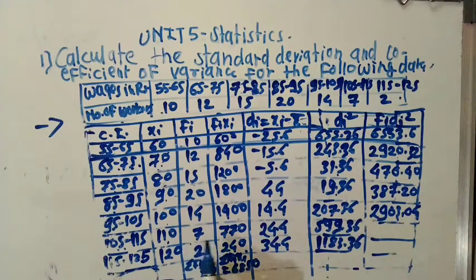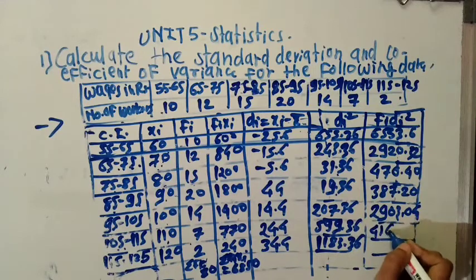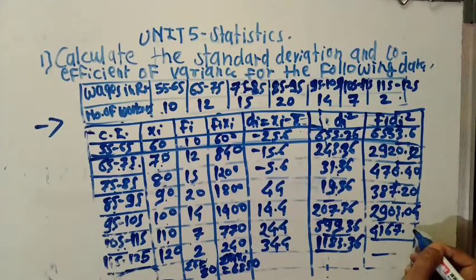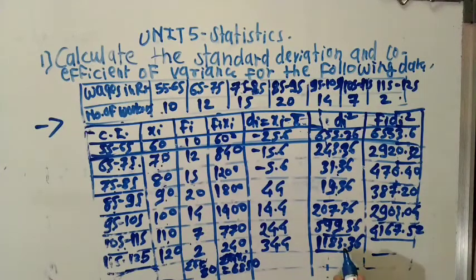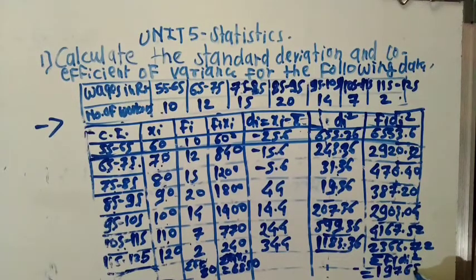Then this into this is 4167.52. Then this into 2 is 2366.72. Then find out all this summation is equal to 19,768.8.